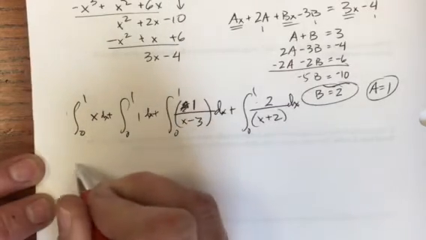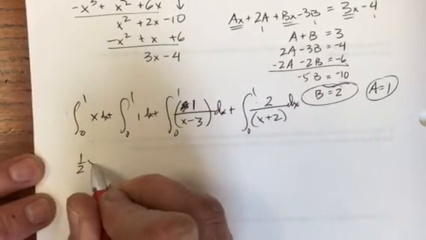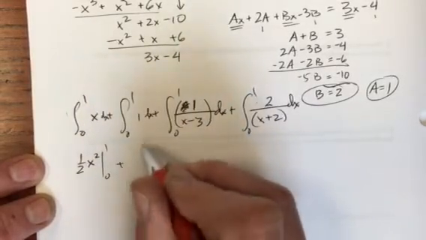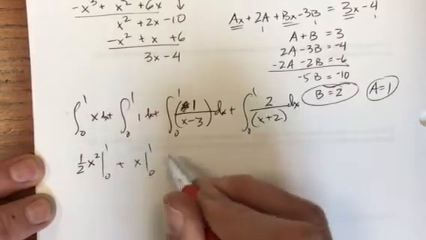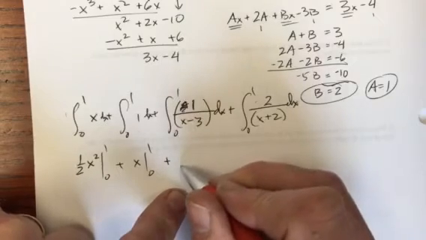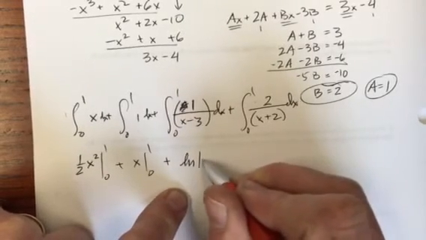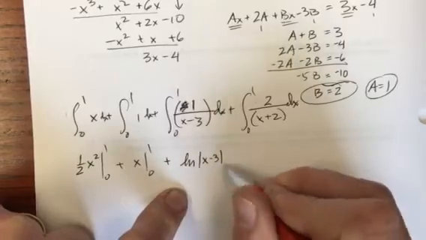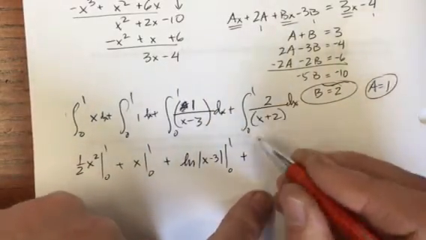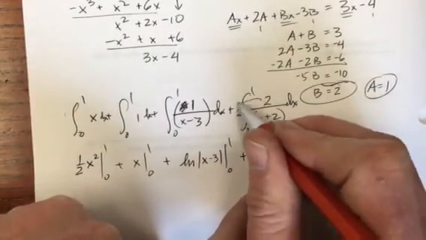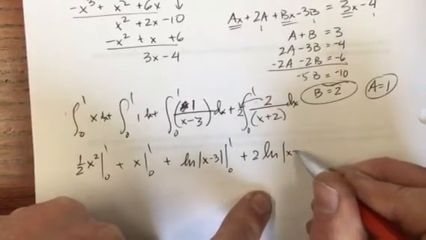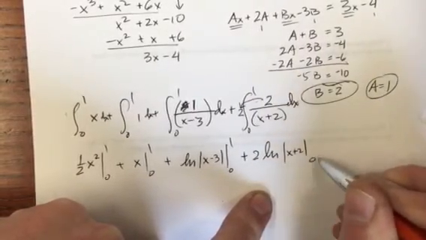So this just becomes then 1/2 x squared from 0 to 1 plus x from 0 to 1 plus, okay, well, what is this? This is just going to be the ln of the absolute value of x minus 3 from 0 to 1 plus, in this case, I can bring the 2 out front, and then I've got 2 times the ln of x plus 2 from 0 to 1.